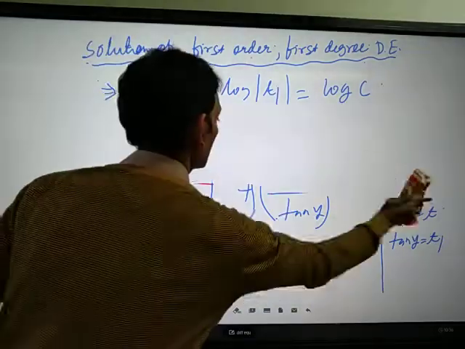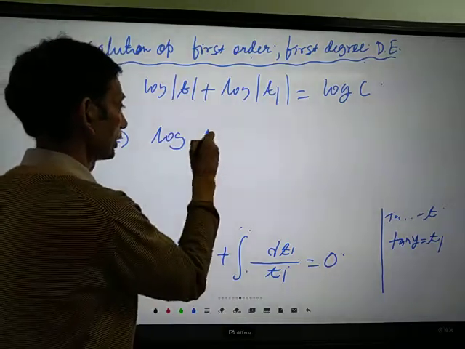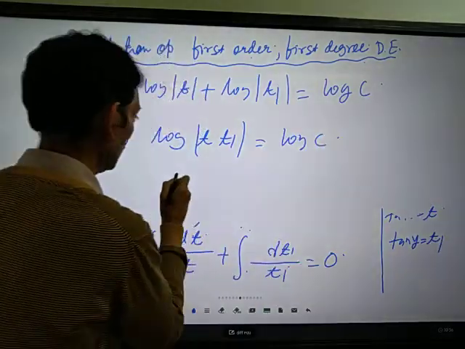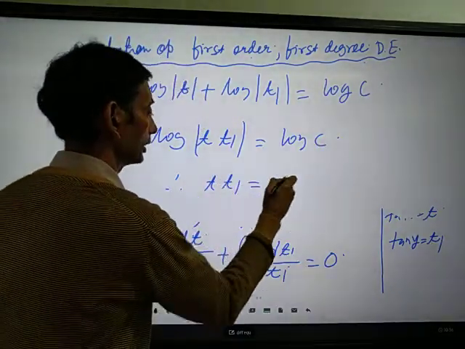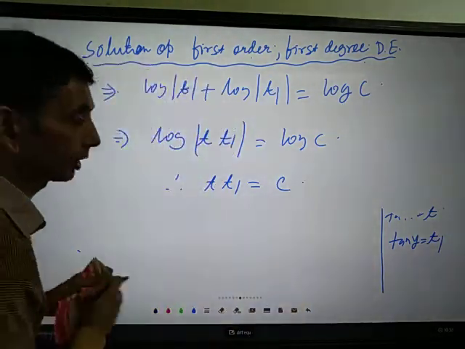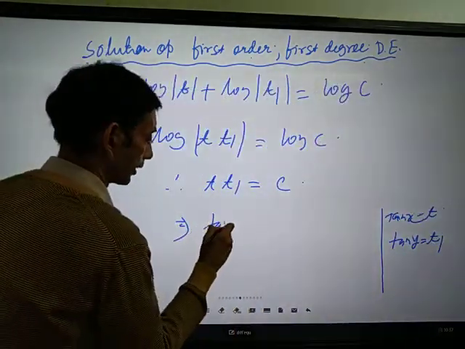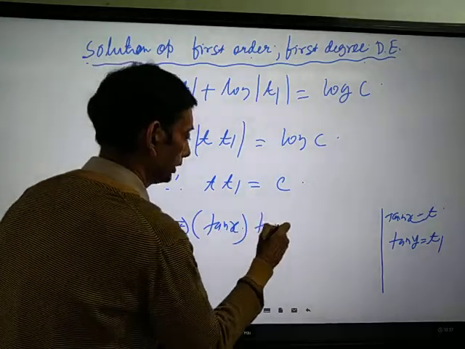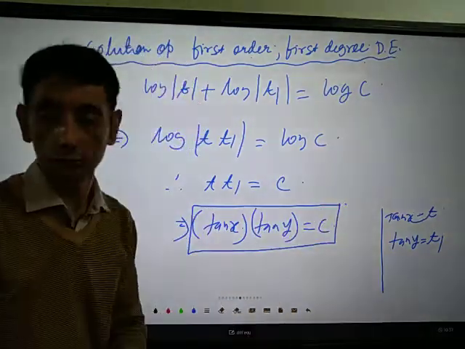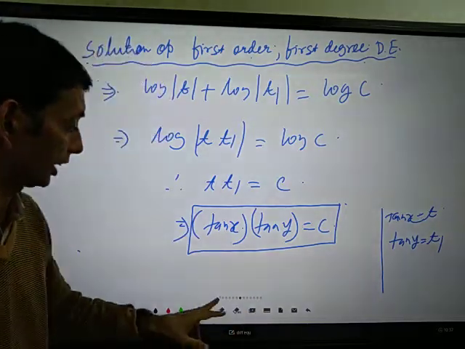If we simplify, log a plus log b gives log a into b, equal to log c. Therefore t into t1 equal to c. Then we replace t and t1, that is, t value is tan x and t1 is tan y, so tan x into tan y equal to c. Fine, which is the required solution of the given differential equation.